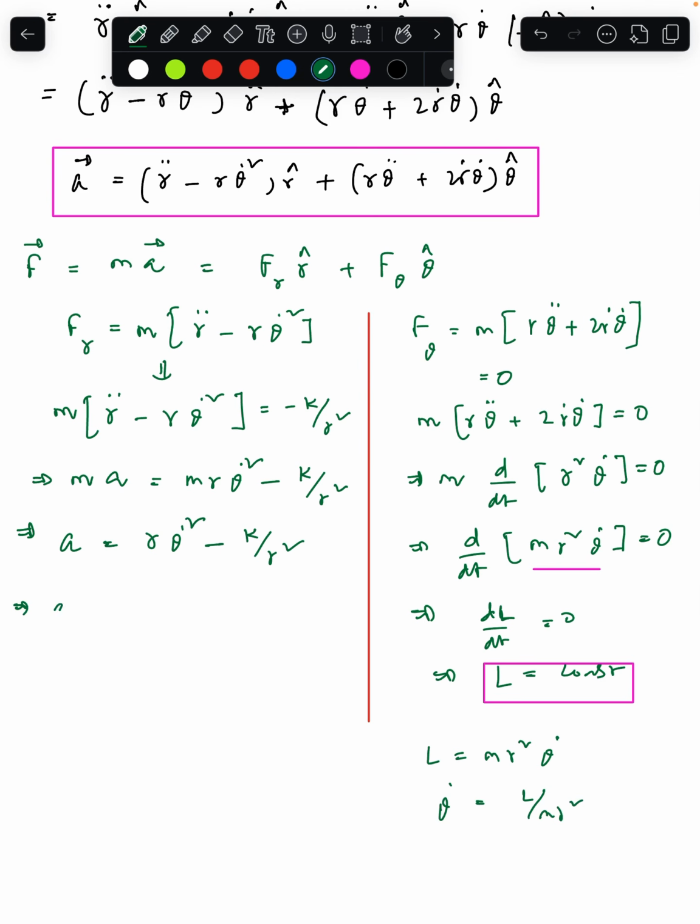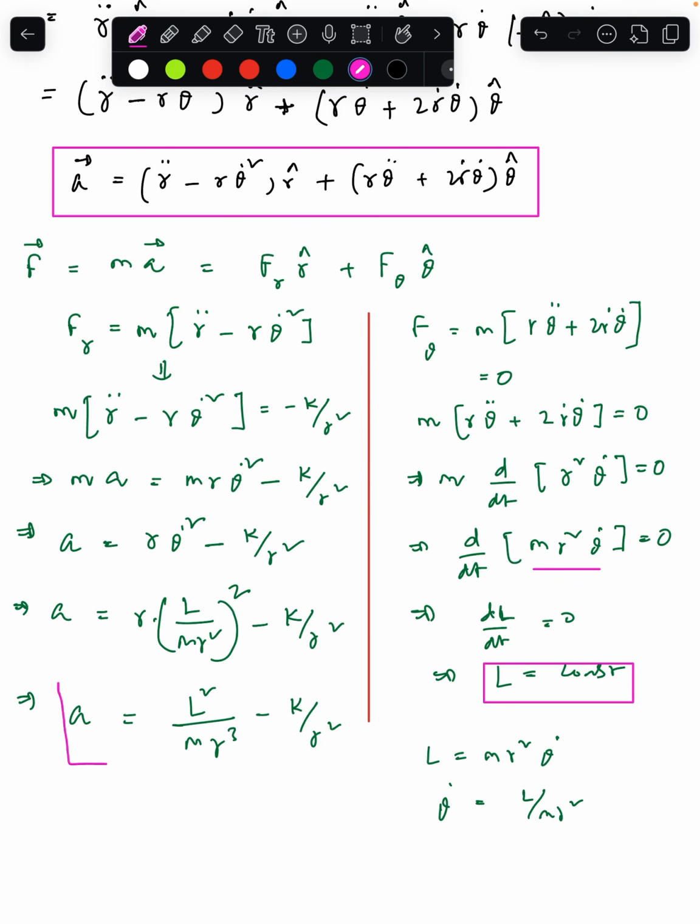So here a becomes r (L by m r square) whole square minus k by r square. So a becomes L square by m r cube minus k by r square. So this is the acceleration term, the common expression for the acceleration that we are going to get.